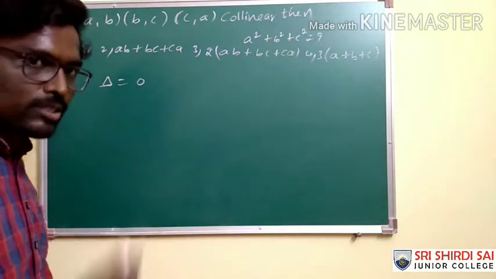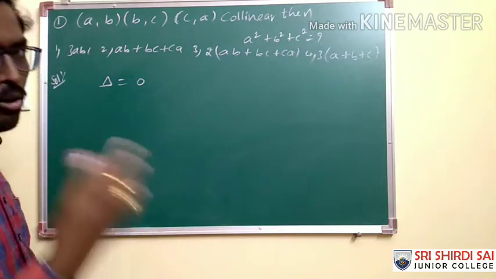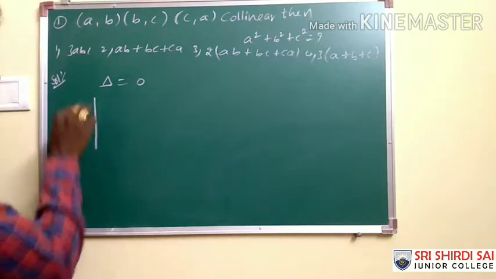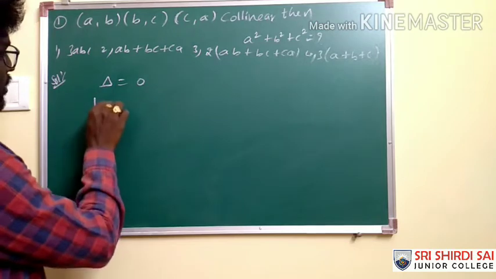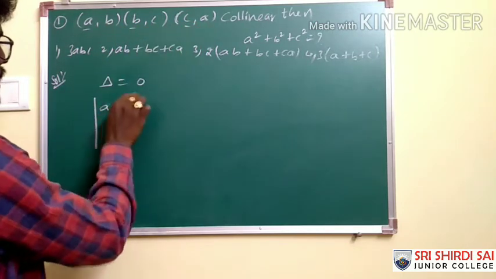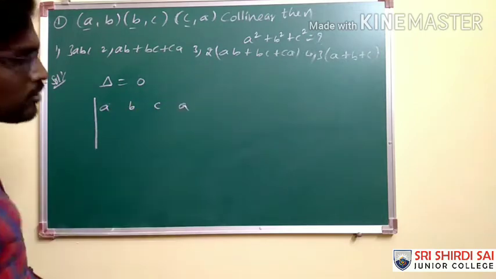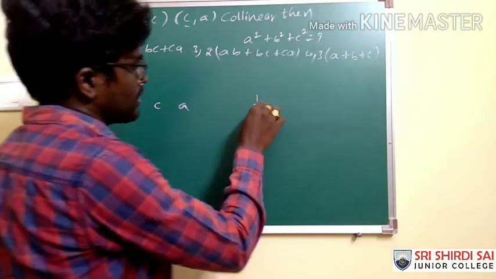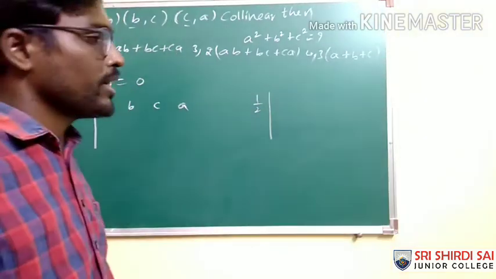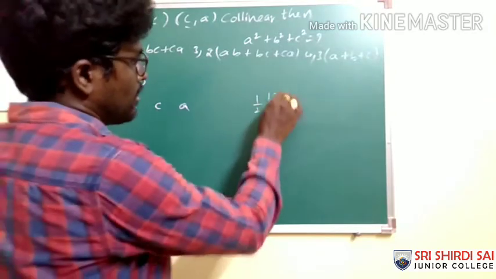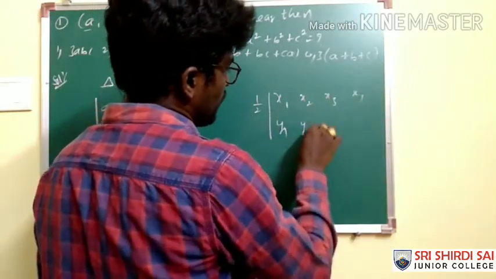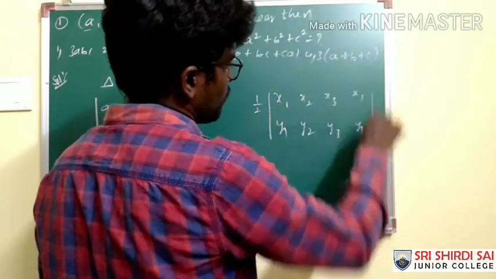The next problem I'll be using some other concept so that you will be aware of all. Let us see. I am taking the determinant with the x coordinates, that is A, B, C, and again repeating the x coordinate, because yesterday we discussed the area of the triangle with the coordinates (x1, y1), (x2, y2), (x3, y3) can be taken as half mod of x1 x2 x3 x1 over y1 y2 y3 y1, and then we go for the cross product.